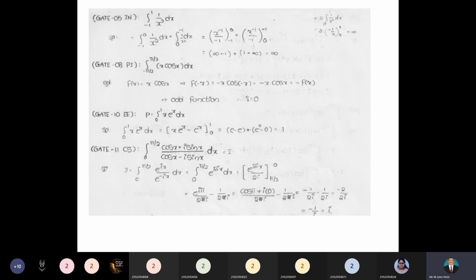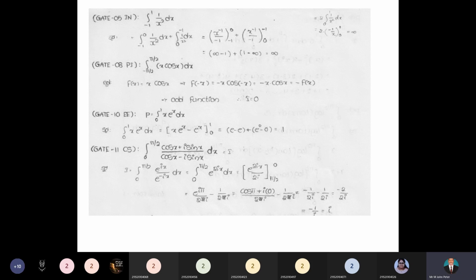So in the given function, replace x by minus x; if you get the same function, that is called an even function. But in an odd function, you get f of minus x equal to minus f of x, where the minus in front can be taken common. Otherwise, if you do not get it this way, the function is neither odd nor even. Some functions are neither odd nor even.